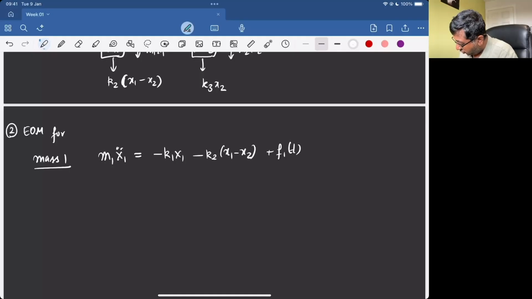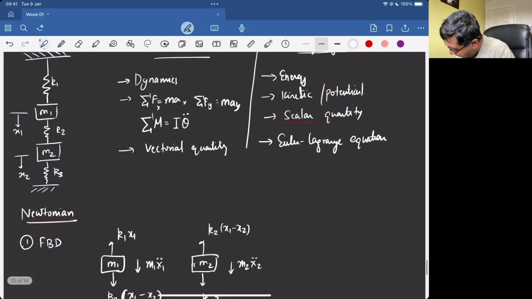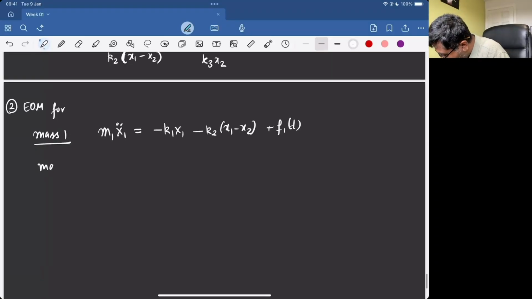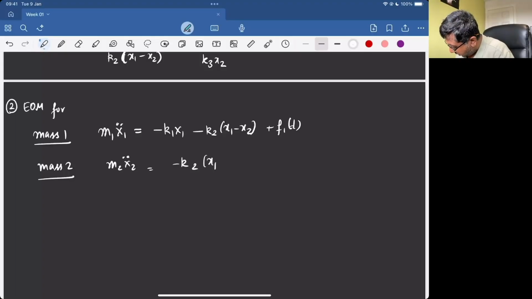So if we were to say we apply some kind of a forcing function, right? Similarly for mass 2, we can write m2 into x2 double dot is equal to minus k2 into x1 minus x2 minus k3 into x2.